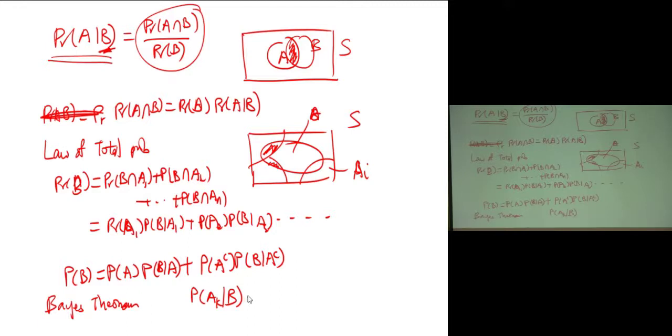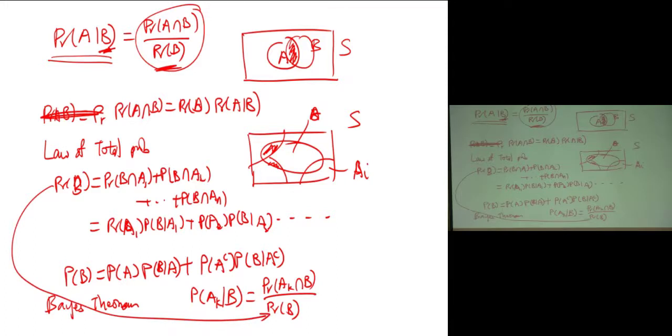So following from the definition of conditional probability, this is probability of AK intersect B divided by probability of B. Right? So I just make use of this total probability, substitute into the denominator, so I got this Bayes theorem. All right? So Bayes theorem is nothing new. It just applies the conditional probability.